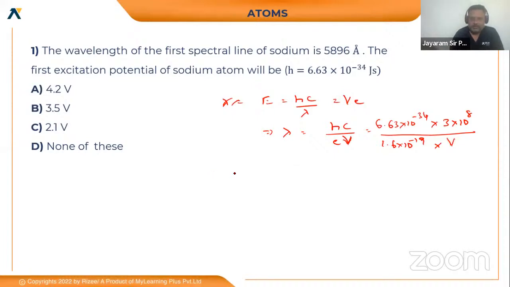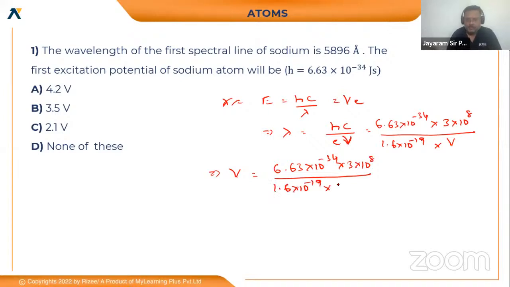So now remember, take the wavelength onto the other side: V is 6.63 into 10 to the power of minus 34 into 3 into 10 to the power of 8, by 1.6 into 10 to the power of minus 19 into the wavelength, 5896 angstroms. You can take approximately 6000 and go ahead, into 10 to the power of minus 10 for angstroms.